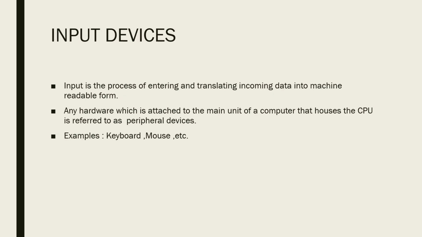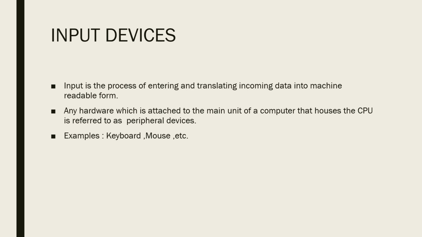Next is input devices. So first let us see what is the meaning of input. Input is the process of anything entering and translating by means of compilers, interpreters or translators to a computer understandable form.